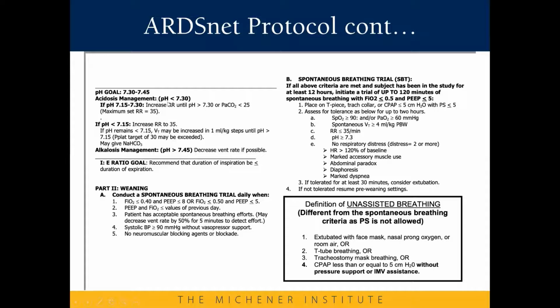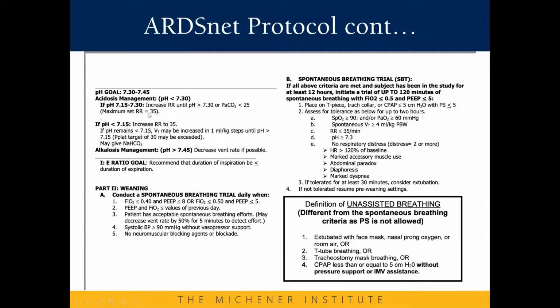So if our pH is less than 7.3, so for example, if it's 7.15 to 7.3, we're going to try and increase our respiratory rate slowly until our pH is greater than 7.3, or our PaCO2 is less than 25.